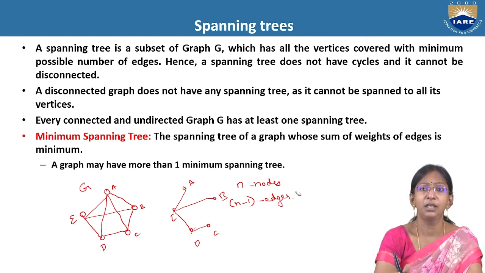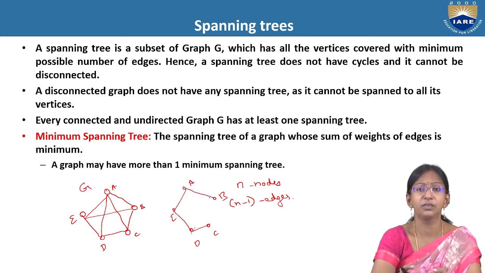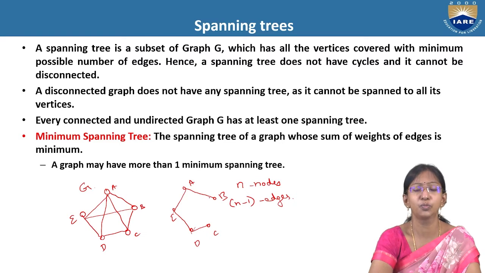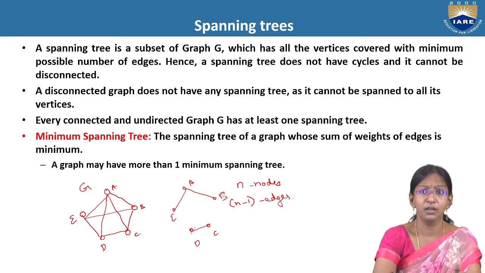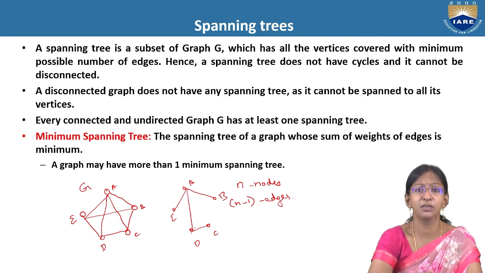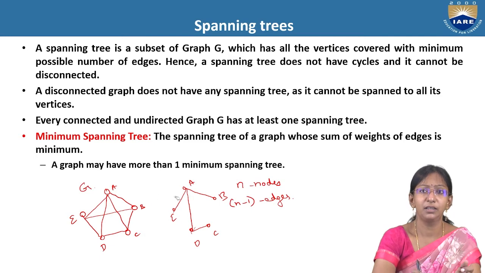For example, if I remove this edge and make this, even this is a spanning tree. Have a look at this one. If I add this one, even this is a spanning tree. Even this is a spanning tree.